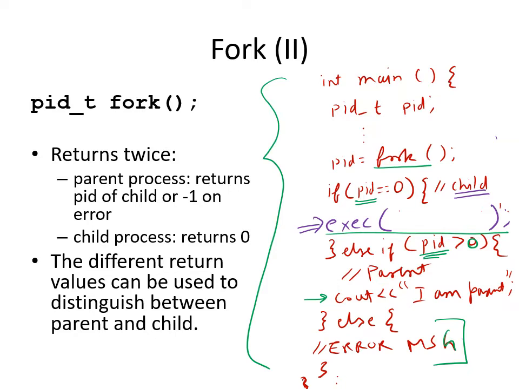So after executing this exec system call, the child process would be a paint process. It will no longer be the same as the parent process. So that can also be done using the fork system call. We can create completely new programs or processes basically. So I have some more examples on the subsequent slides to illustrate this point further.